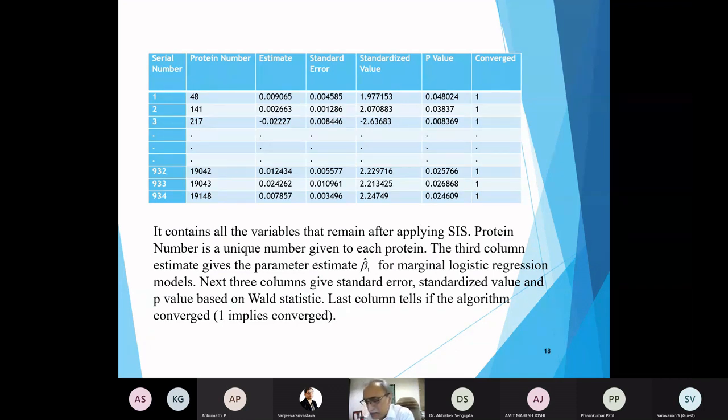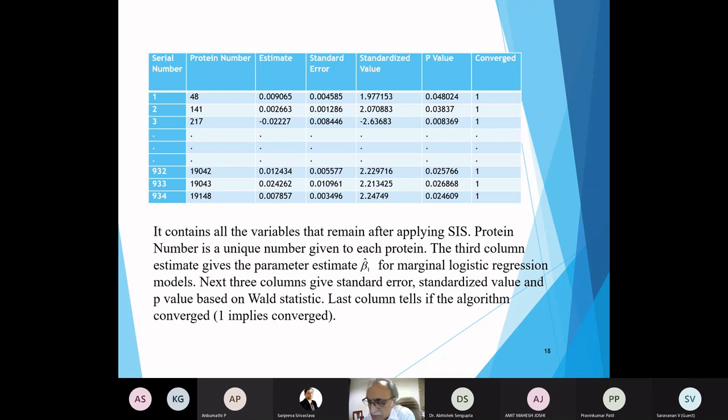The point I'm stressing is that the response variable at hand is a categorical variable, 0 or 1. That prompted us to use the logistic regression model. So we use SIS, sure independence screening, in the context of logistic regression. SIS can also be used in the context of simple linear regression and the multiple linear regression model that we discussed.